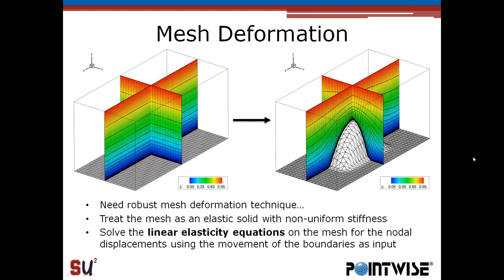Earlier on, we were trying to perform design using the Laplace's equations, and we were finding that near the surface with these small elements, we were having a lot of problems getting negative volumes. Earlier when we were using things like the spring analogy or these algebraic approaches. So we went to the linear elasticity equations for exactly this reason. We're just going to treat it as a structures problem, basically, and we find that we are able to do this very robustly. So you can get a large deformation like we're showing here.